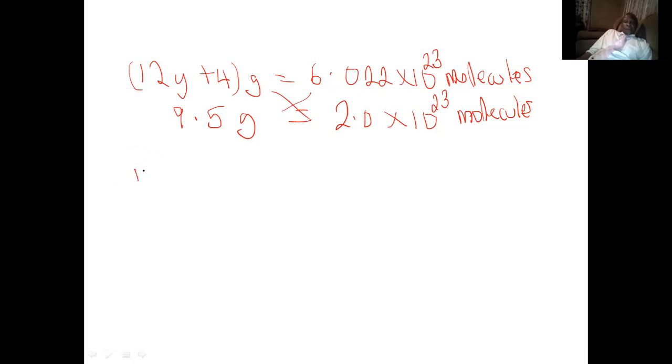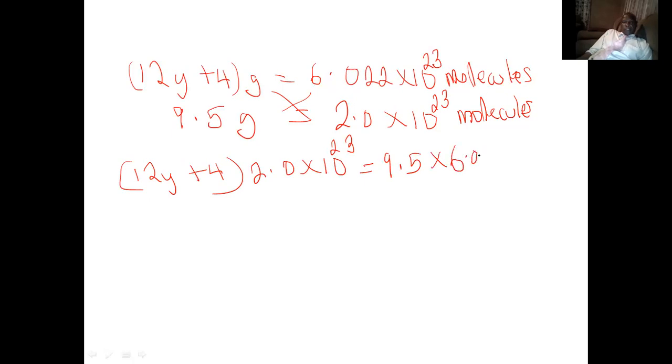And so we're going to have 12y plus 4 multiplied by 2.0 multiplied by 10 to the power 23 should be equal to 9.5 multiplied by 6.022 multiplied by 10 to the power 23. This is after cross multiplying.